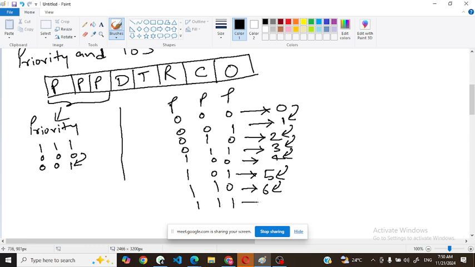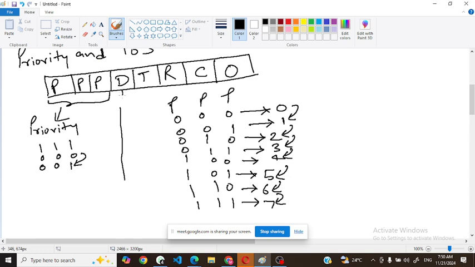If all bits are 1, then what does it mean? It means it has the highest priority. Is it clear for everyone? Yeah.